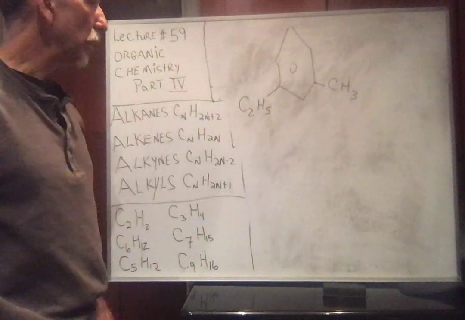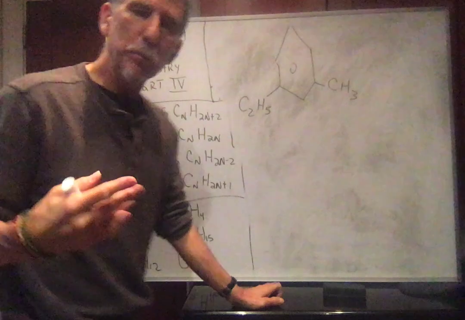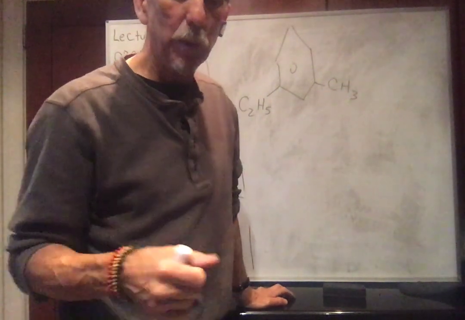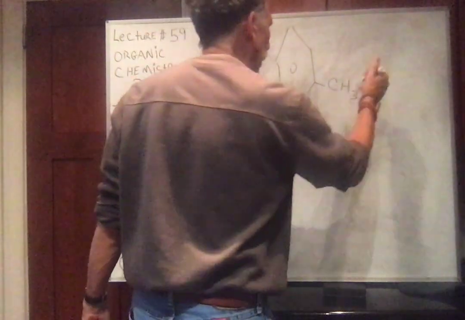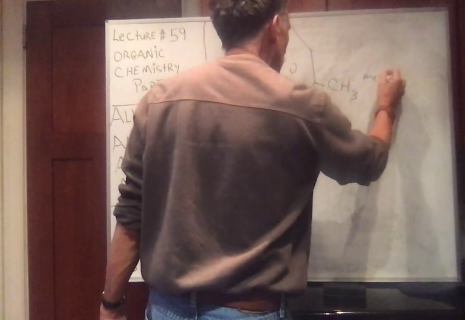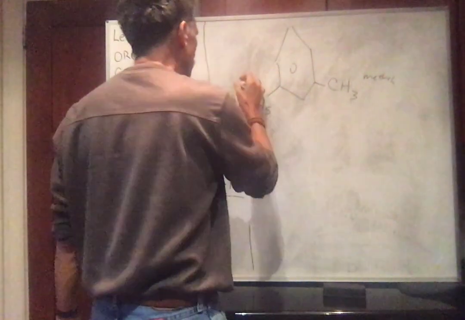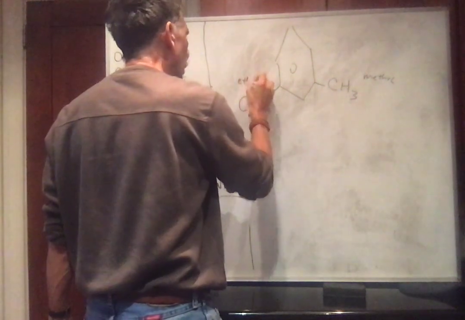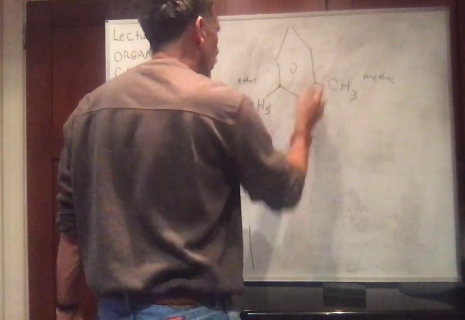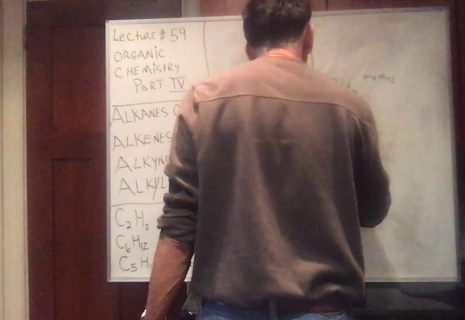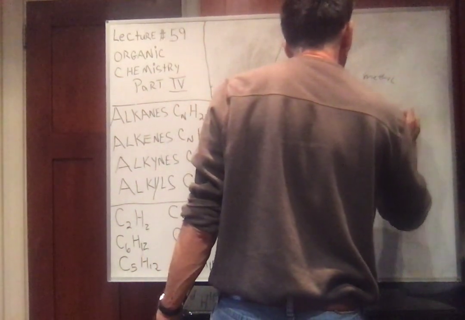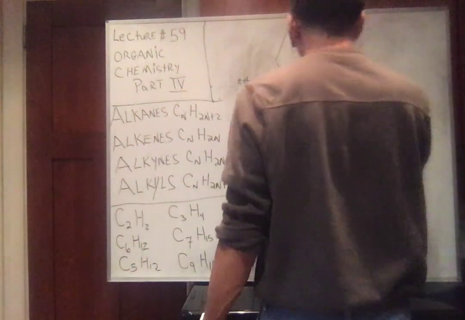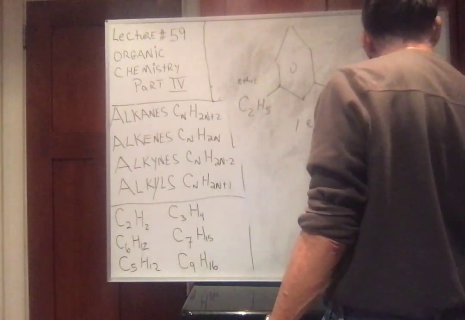All right, let's name this. And the reason I'm doing something like this is I want you to see there's a bunch of names for this. Watch. Well, we know this is what? Methyl. We know this is ethyl. So 1, 2, 3. So it's 1 ethyl, 3 methyl, benzene.